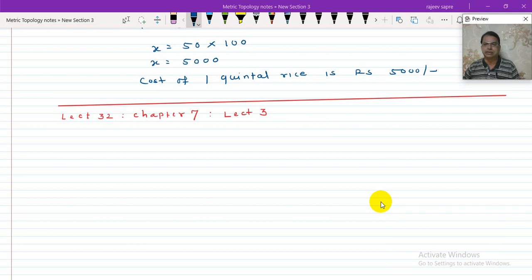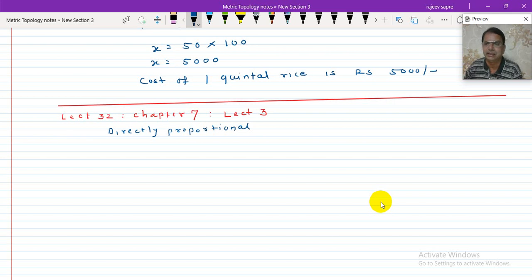In the previous two lectures we have discussed what is meant by directly proportional. How do you write it? Actually, there are two variables, say A and B or X and Y, and we are interested in knowing the relation between them.